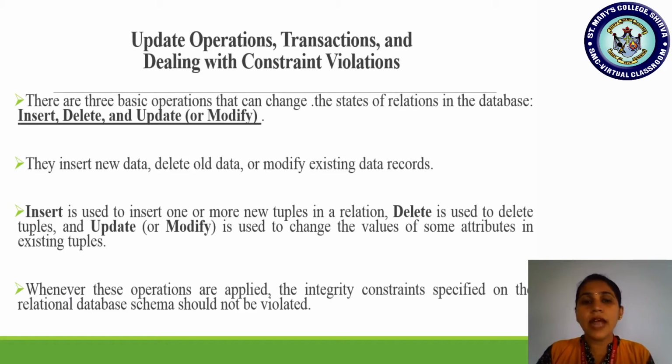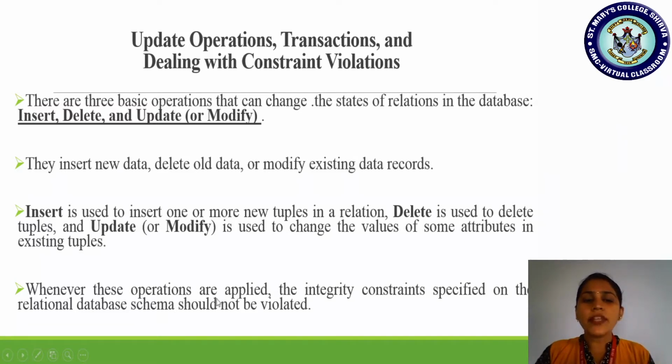These are the attributes which may get changed in later stages. So update is used to change the values of some attributes, not all the attributes. Modifying does not mean we are changing all the information of an employee. Only certain attribute values will be changed. For example, a person's address may be changed, in the existing tuples.